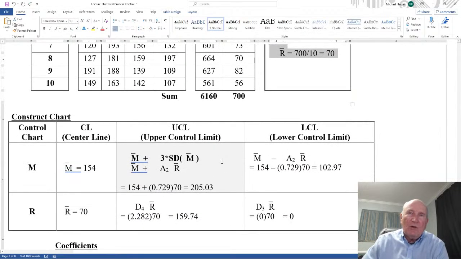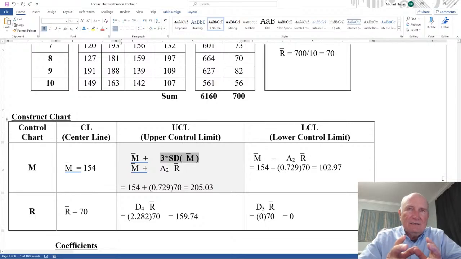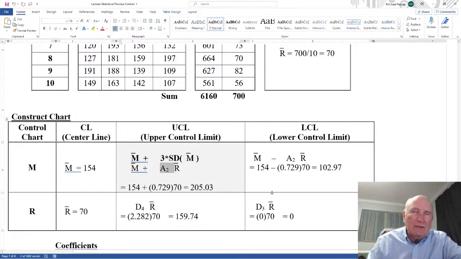So here they say, okay, I'm going to take this term right here and replace it with a term that is approximately 3 standard deviations of the mean. Well, what we're using is R bar, our range. So what do we multiply the range by in order for this number to approximate 3 standard deviations of the mean?